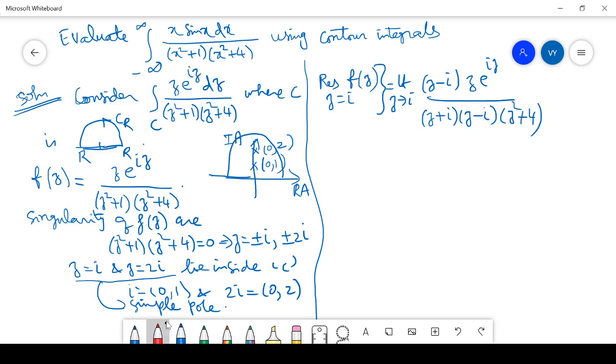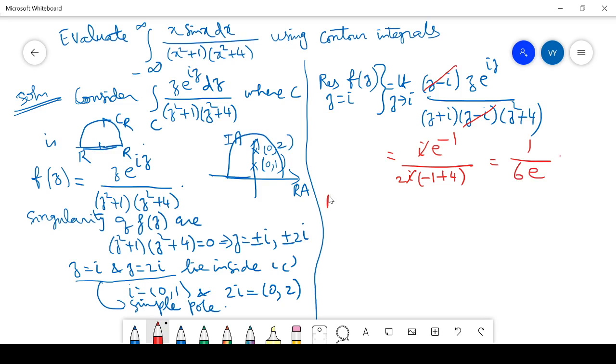Now z minus i gets cancelled here. So I'll have i e power minus 1 by 2i into (minus 1 plus 4). The i gets cancelled here.